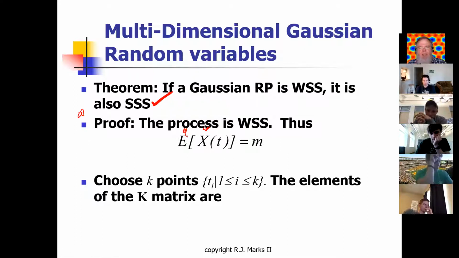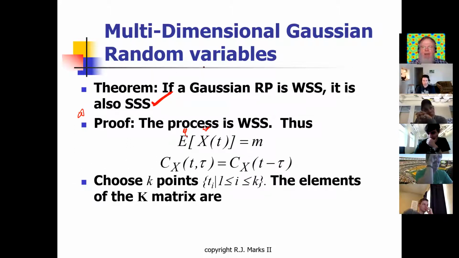The proof is the expected value of x of t is equal to the mean, so the expected value of all the different points are exactly the same if it's stationary. And here is the kicker. The autocovariance matrix is just a function of the separation between t and tau. This is the assumption of wide sense stationarity.